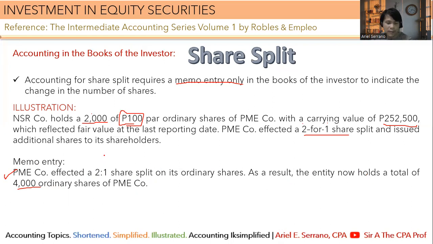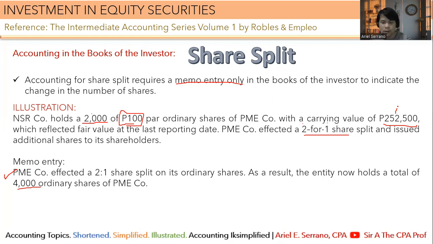Additional question lamang pala, sakali man tinanong tayo, magkano na ngayon ang value ng kada isang shares? So, kung 252,500 ang carrying value niyan ngayon, i-divide na natin ito sa 4,000. Magiging 63.125. Na dati ay, magkano yun? 126.25. Okay?